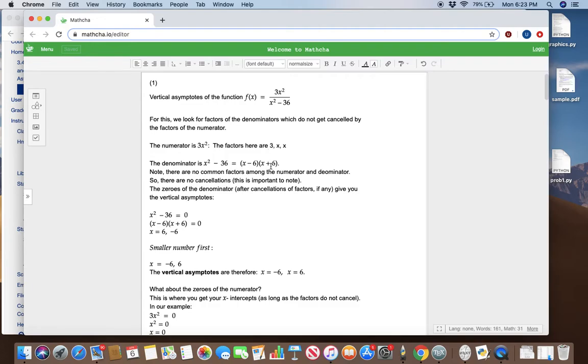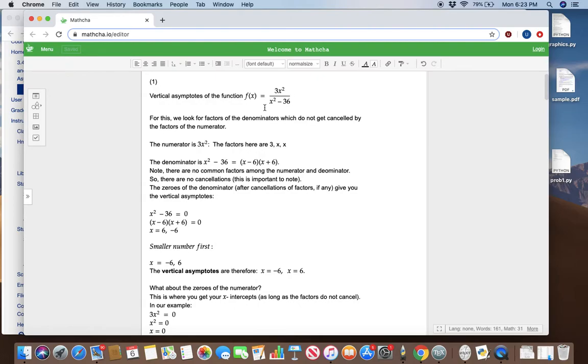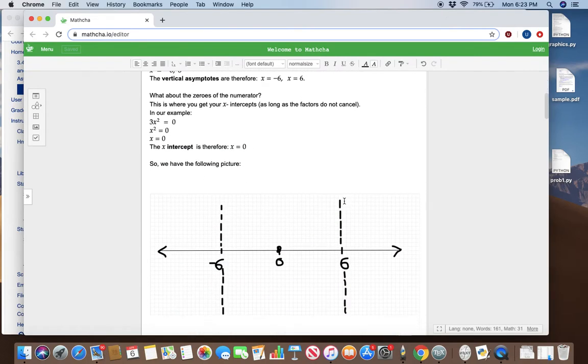Just as in the denominator, whatever survives after cancellations contribute to vertical asymptotes. All right. Zeros of the denominators after cancellations contribute to vertical asymptotes. Zeros of the numerator after cancellations contribute to the x-intercepts.